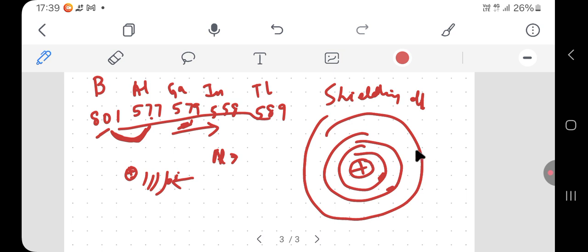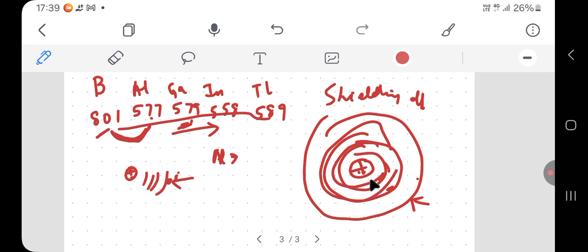Now shielding effect works when the number of orbits is very high, and all the electrons residing in the inner shells start shielding the nucleus. Means if there's any addition of an electron to the outer orbit, it will be very difficult because these inner orbits are already shielding the nucleus. As a result, the nuclear charge felt will be very less. So when the nuclear charge is less, again the expected value of ionization energy can be like this, around 579.